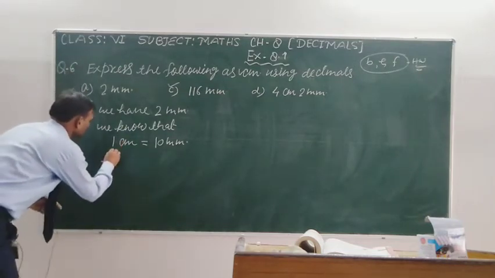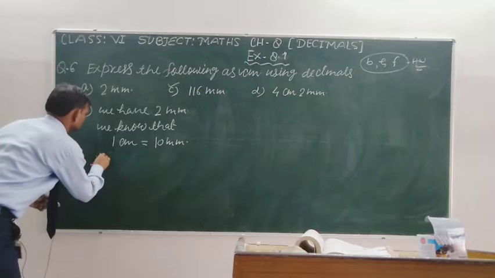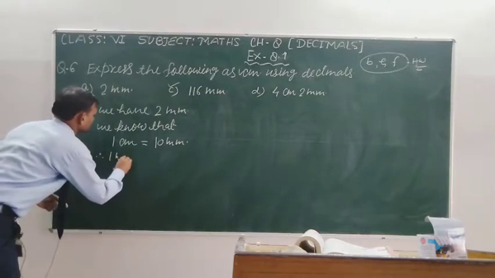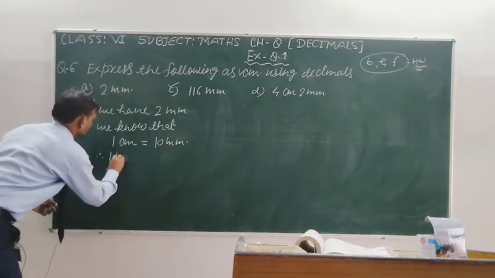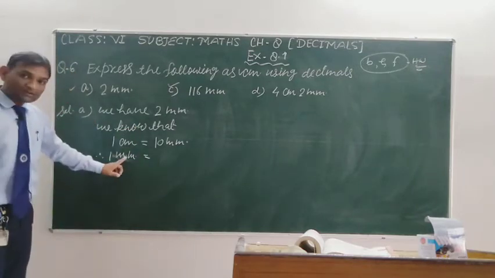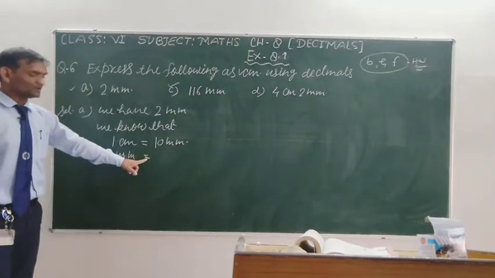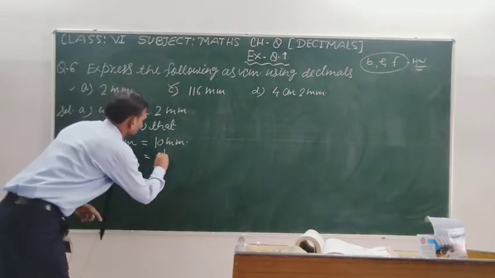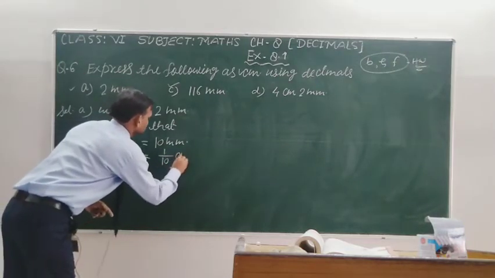So 1 millimeter, student, is equal to 1 upon 10 centimeter.